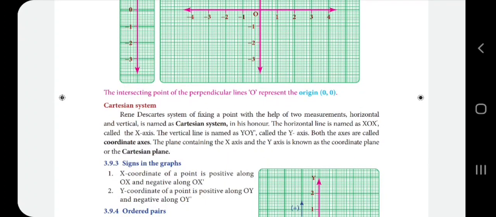René Descartes' system of fixing a point with the help of two measurements, as I have told, one horizontal and one vertical, is named the Cartesian system. In his honor, the horizontal line is named X'OX, capital letter X, and O. O is the center, then X dash is negative integers.